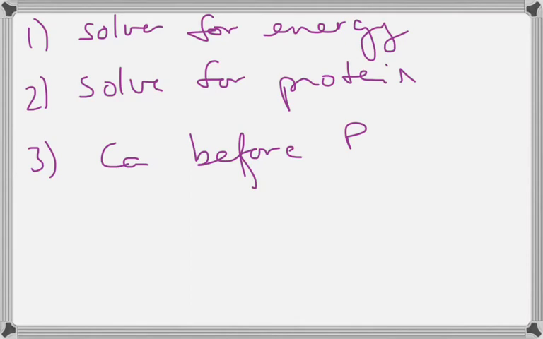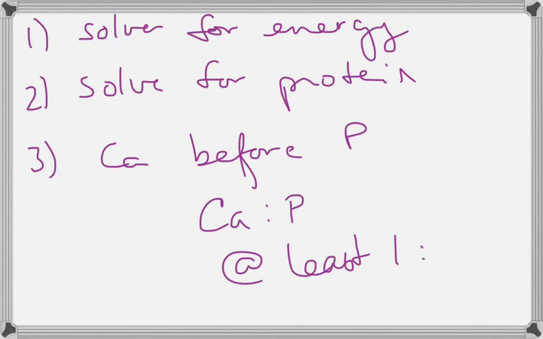And sometimes at the end of the problems, we also need to check the ratio of calcium to phosphorus. We always need that to be at least 1-to-1. So that's kind of a double check there. But that's going to be our general process as we work through this example.